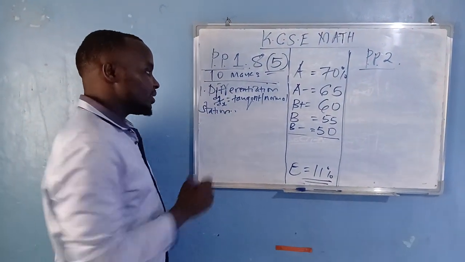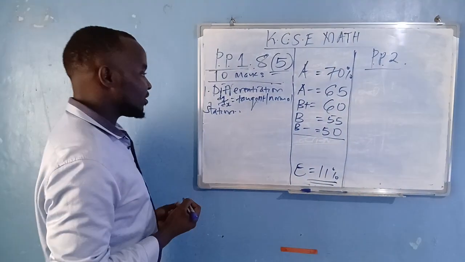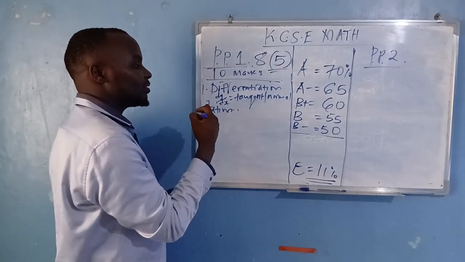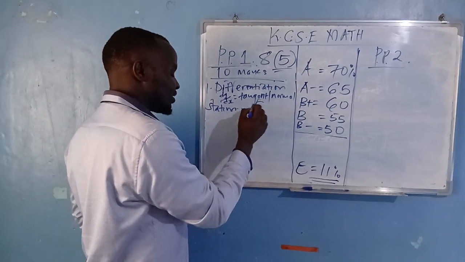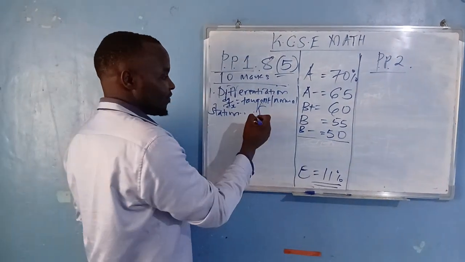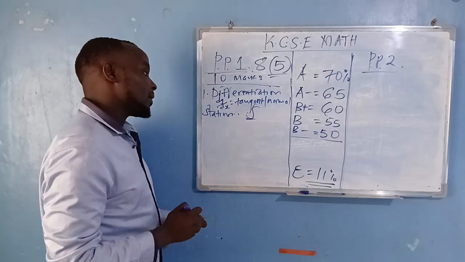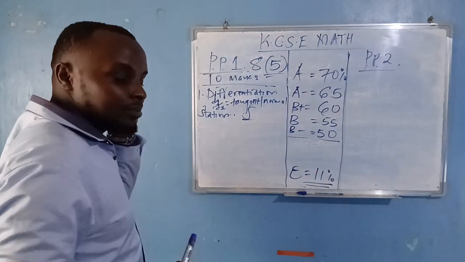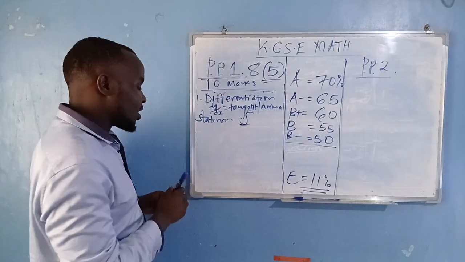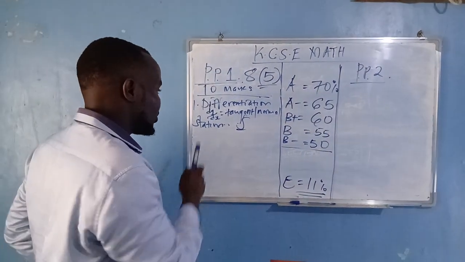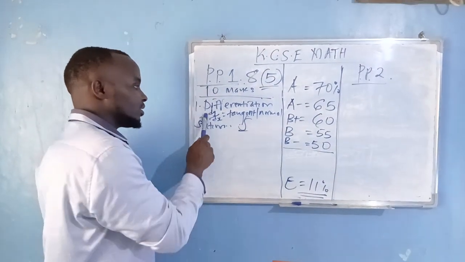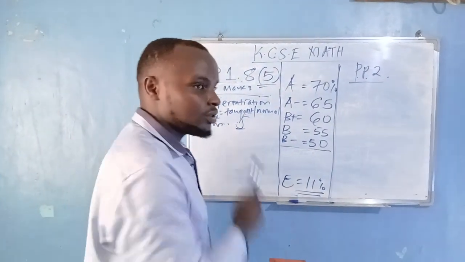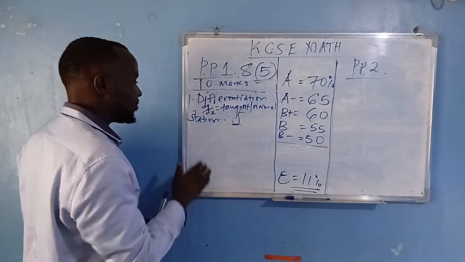The other thing which can be tested in the 10 marks question is sketching the curve, and finally finding the maxima and the minima. So this topic is very common in Paper 1 Form 4 work. The concepts mainly discussed here are differentiation, equation of a tangent, equation of a normal, stationary points, and maxima and minima.